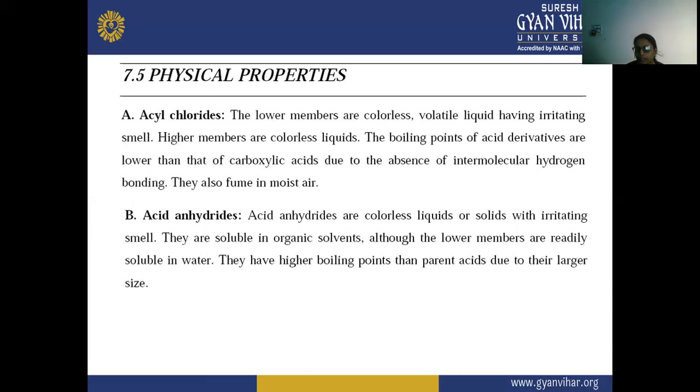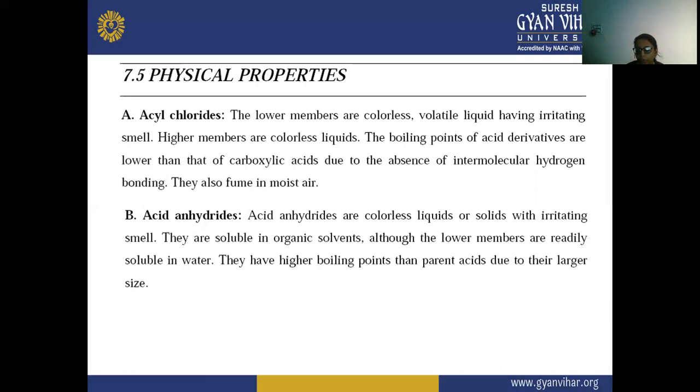If more hydrocarbon chain is attached to that acid anhydride, then it becomes a higher member. So acid anhydrides are soluble in organic solvents, but their lower members are readily insoluble in water, and they have a higher boiling point than the parent acid due to their larger size.